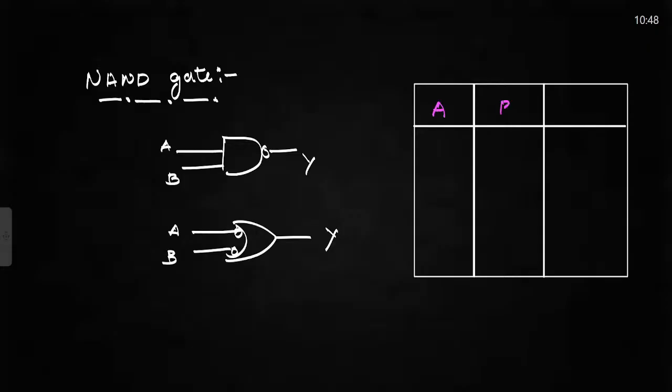My inputs are A, B, and my output Y. As in the previous video, with two inputs, 2 power 2, that is four possible combinations: 0 0, 0 1, 1 0, 1 1. Now the output of NAND is Y equal to (A·B) bar.